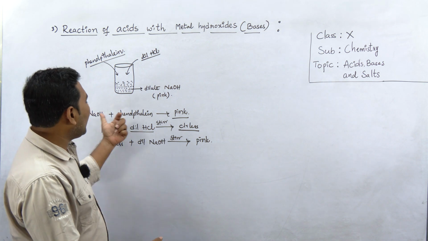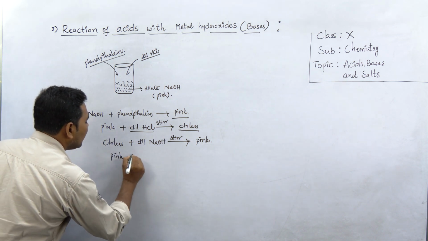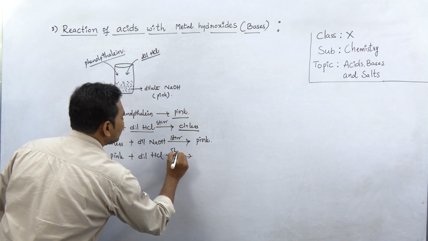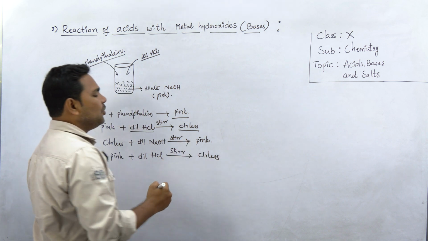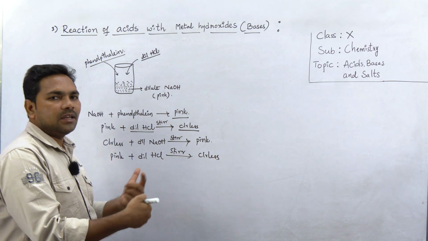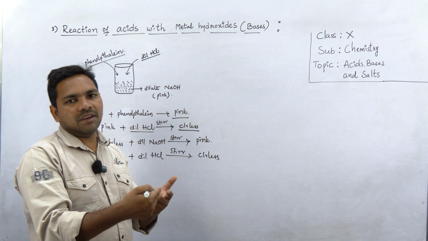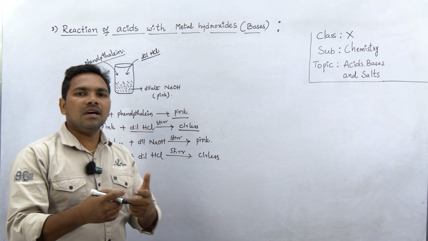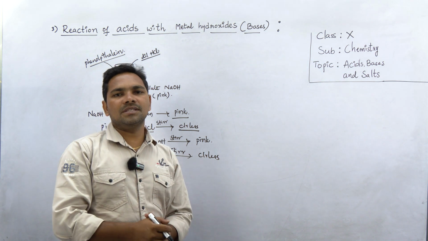We can repeat this again. I take the pink solution, add a few drops of dilute HCl, and stir well with a glass rod. Then again it turns colorless. You can repeat this experiment any number of times. Every time, basic properties are neutralized by acid, and acid properties are neutralized by base.